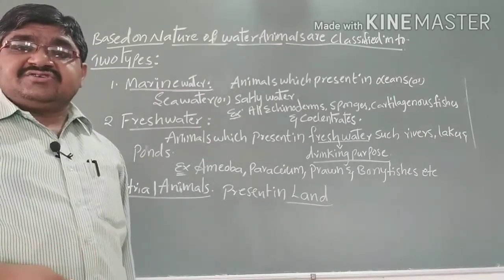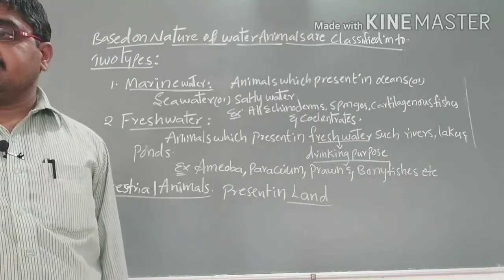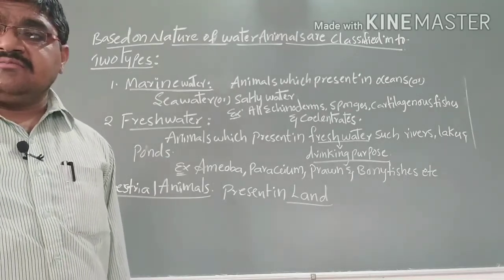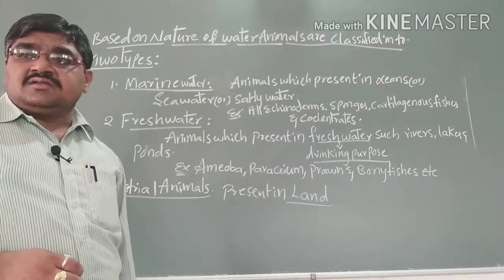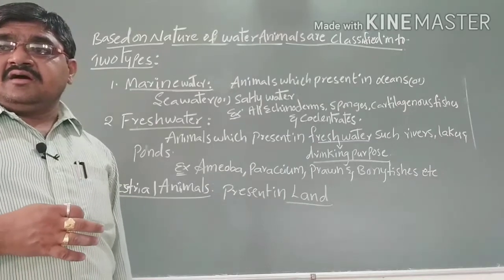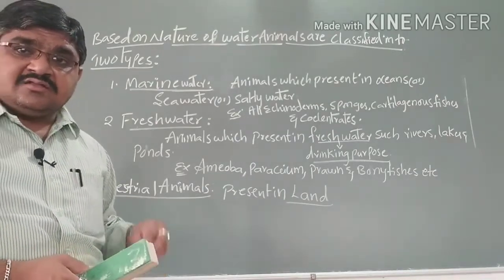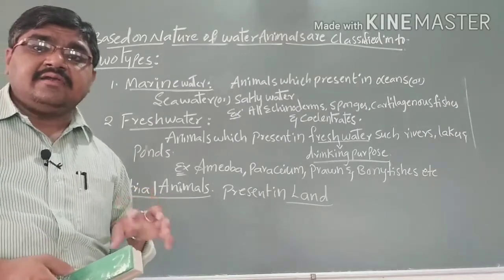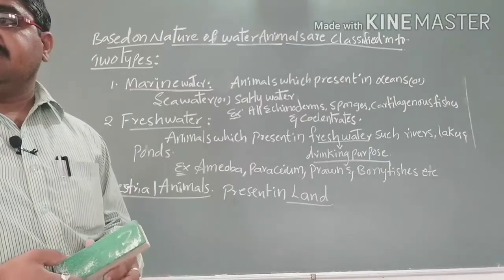Here the terrestrial animals are classified into 5 types. One is fossorial animals, the second is arboreal animals, the third is scansorial animals, the fourth is aerial animals, and lastly cursorial animals.